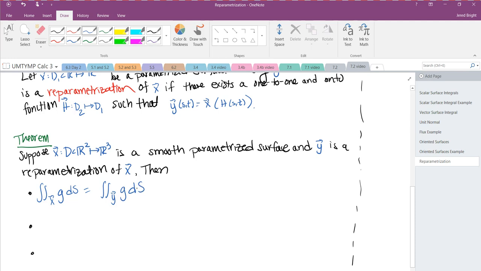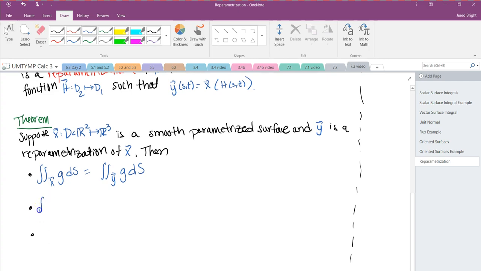Okay, that's nice. We can also say two more things. If we look at the flux for each, here's the integral of F dot dS under X, and here is the flux using the Y parameterization, F dot dS. There are actually two cases of this, so I'll write this out, and I should have a vector over the S's as well.